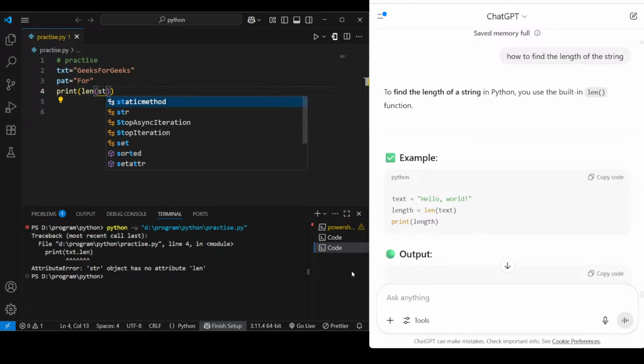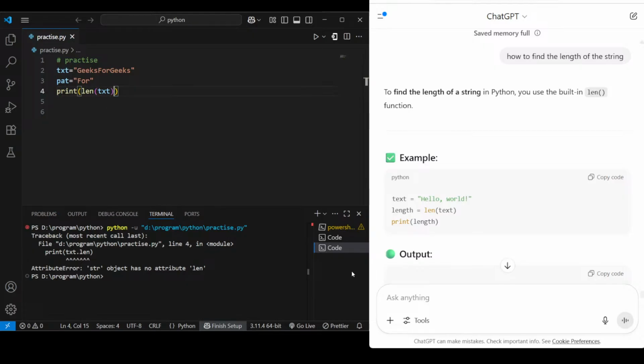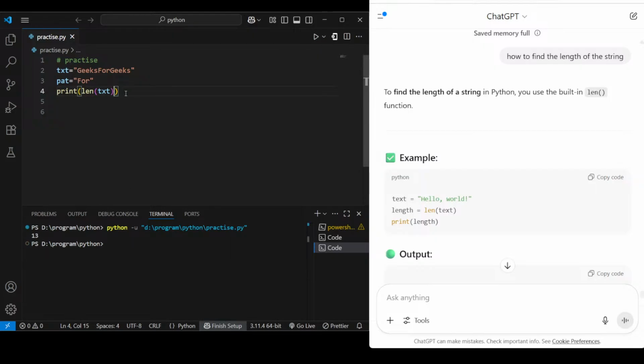Length of text, 13, fine. In this way we need to use.